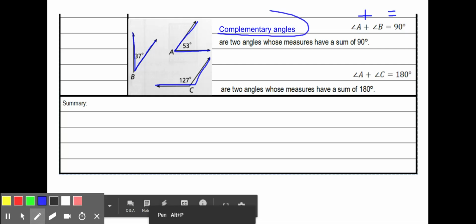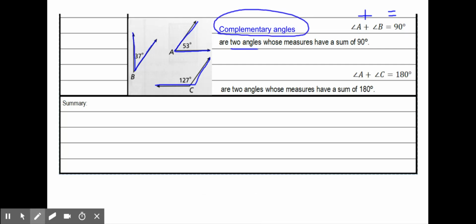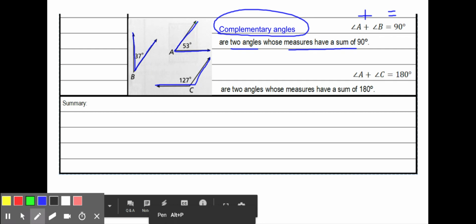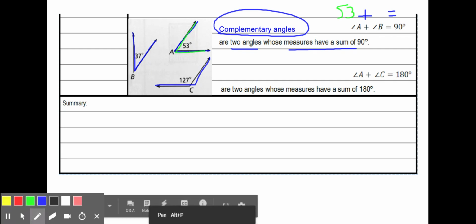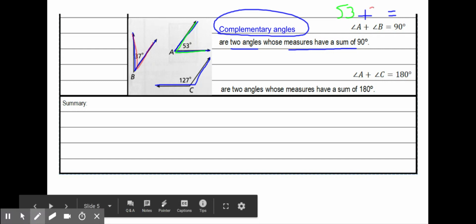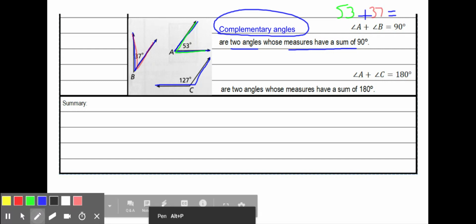So complementary angles are two angles, only two, whose measures have a sum of 90 degrees. So if we look at angle A, we have 53 degrees, and angle B, here's 37 degrees. They do add up to 90.